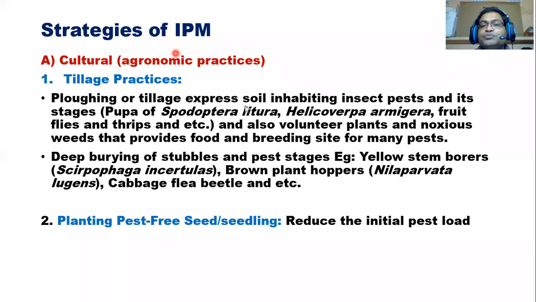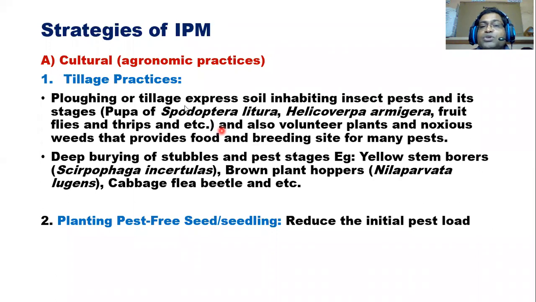For example, Spodoptera litura, the common armyworm; the fall armyworm is something different. And Helicoverpa armigera, the fruit borer, and fruit flies and thrips.